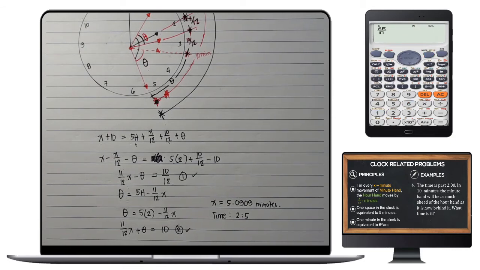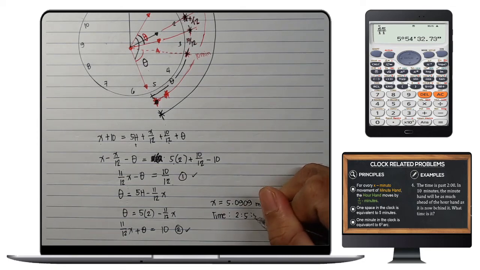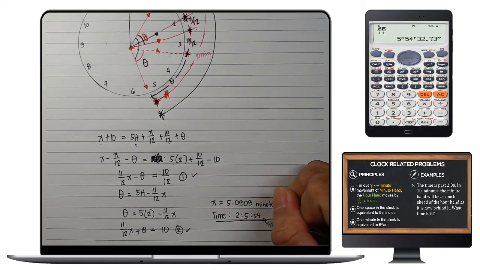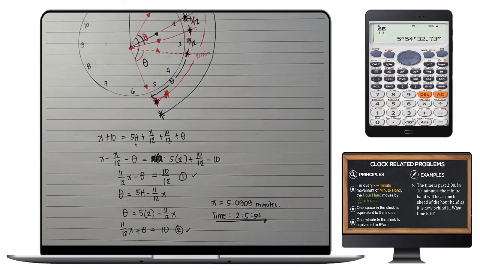So 65 over 11, that is 5 and 54 seconds. So yeah, this is our time. 2 o'clock, 5 minutes, and 54 seconds.